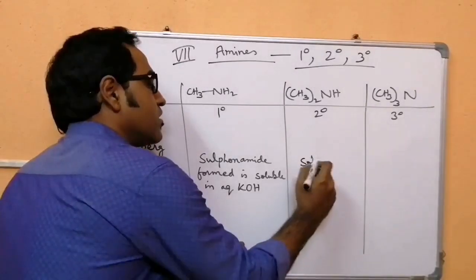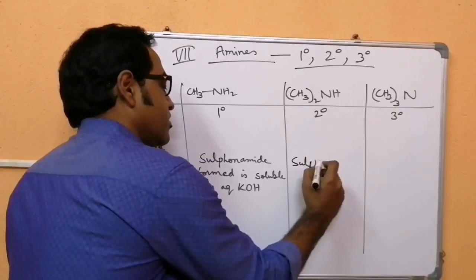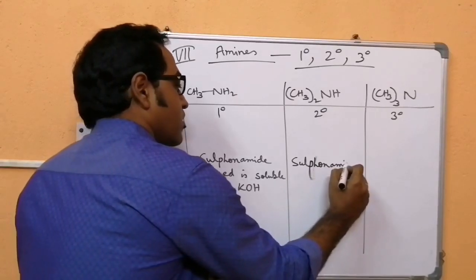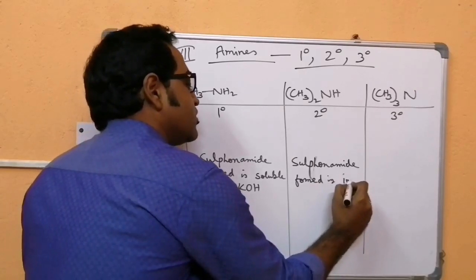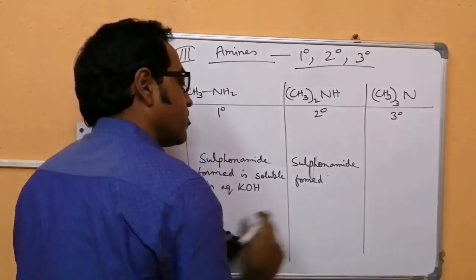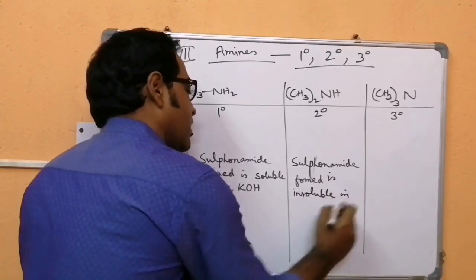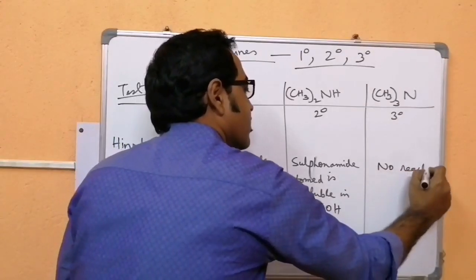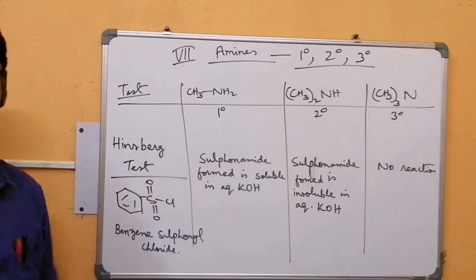Here the sulfonamide formed is insoluble in aqueous KOH. Here no reaction. So this is how we can distinguish between primary, secondary and tertiary amine.